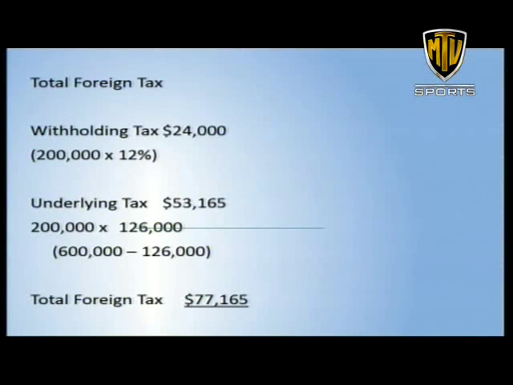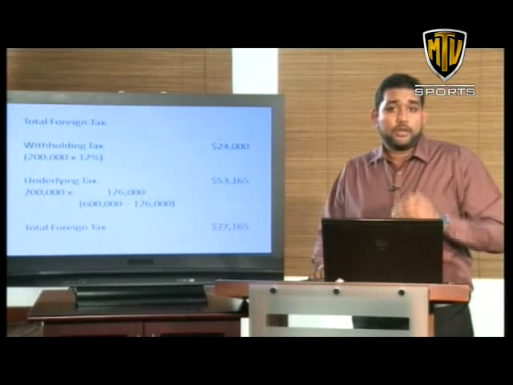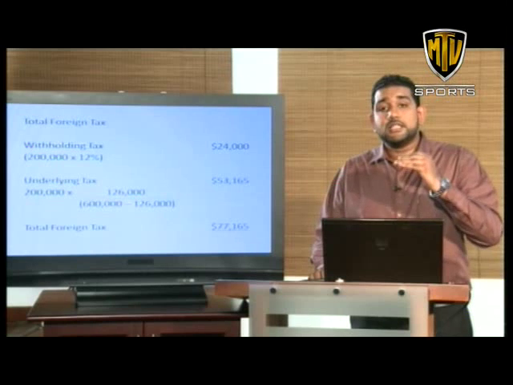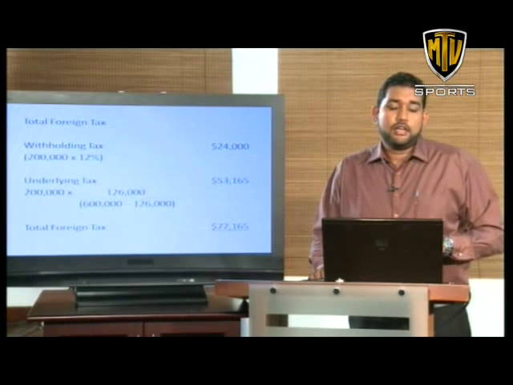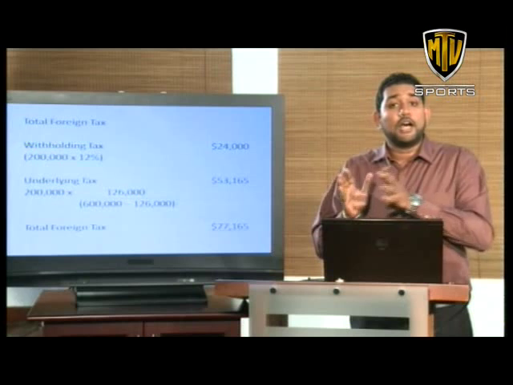Gross dividend is 200,000, multiplied by the income tax element, which is 126,000. You divide this by the profit after tax. As it is given in the question, 600,000 is the profit before tax. Remember, we need profit after tax.